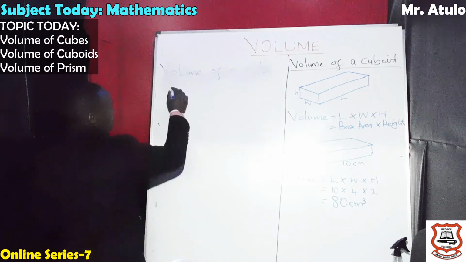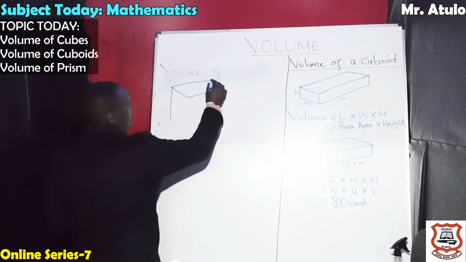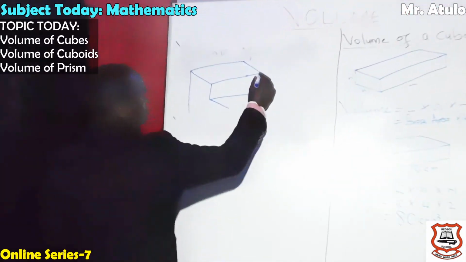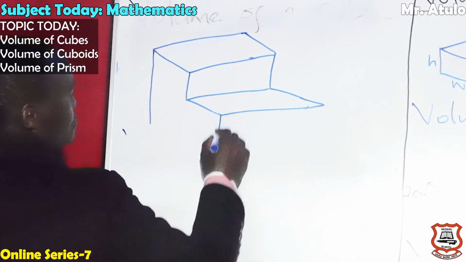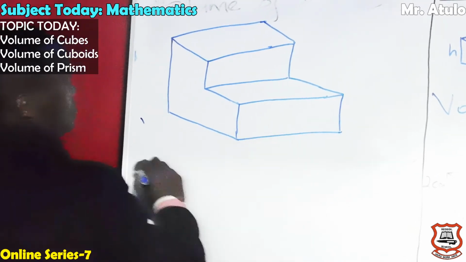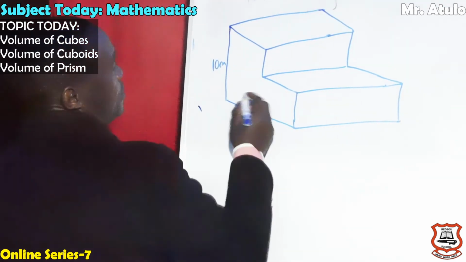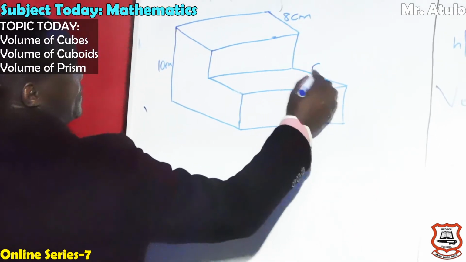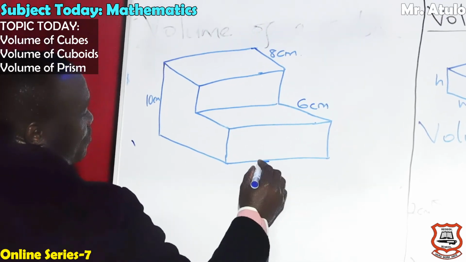Looking at a shape like this, say this is 10 centimeters, this is 8 centimeters, this is 6 centimeters, and this is 5 centimeters.